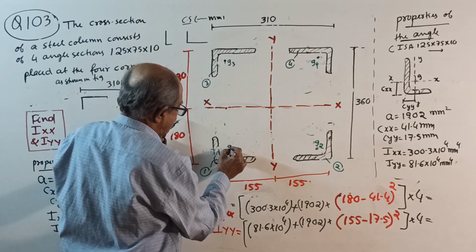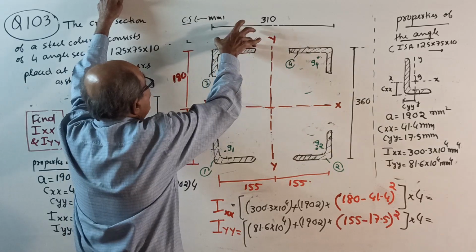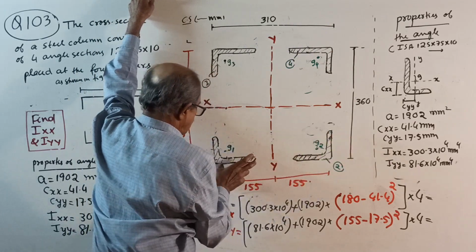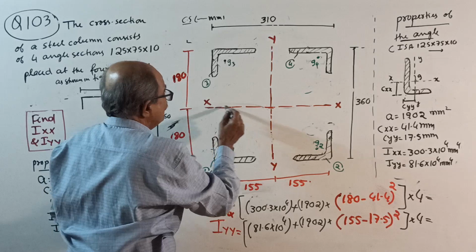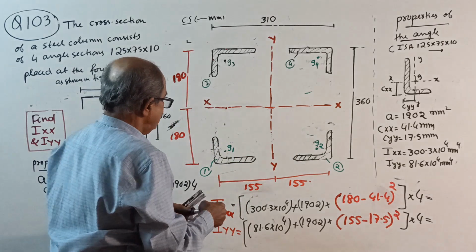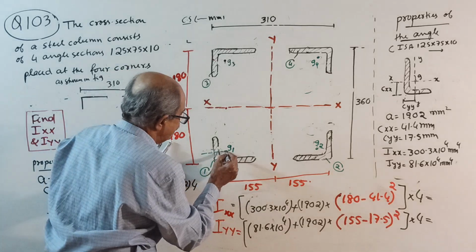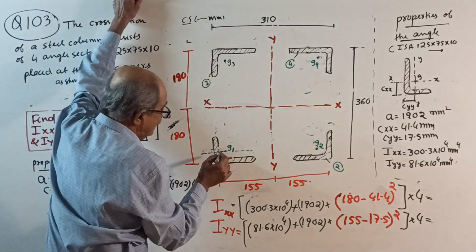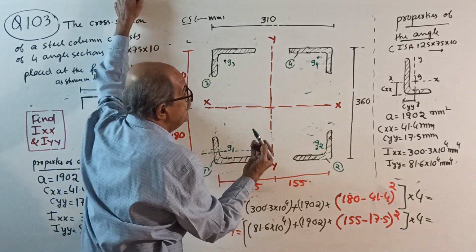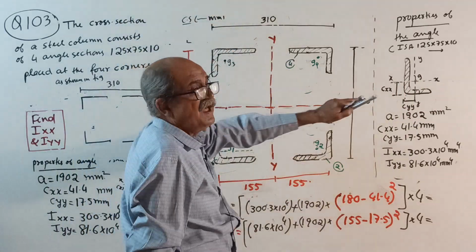Now see here, everywhere I made longer leg, shorter leg, longer leg, shorter leg, longer, shorter, longer, shorter. Start with I about the x axis. First, be very careful now. Come to the component. First, I about its own centroidal axis, this axis. See, this axis is not that x-axis.